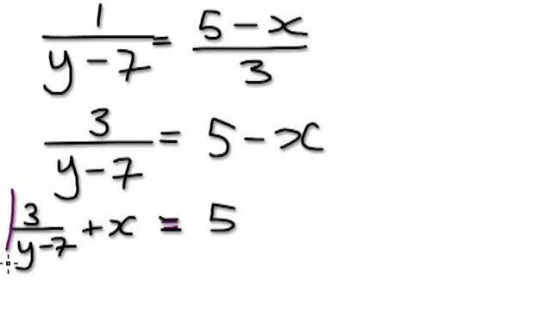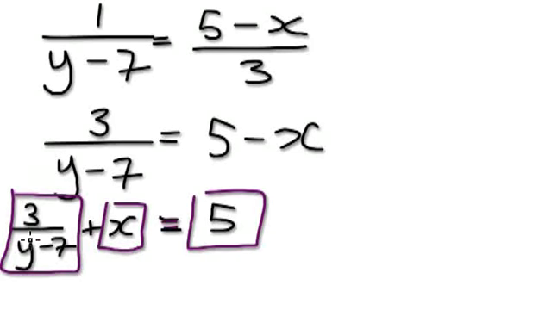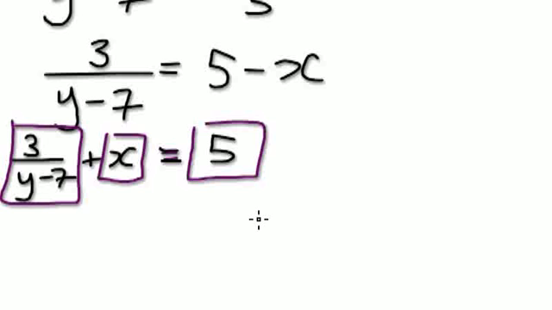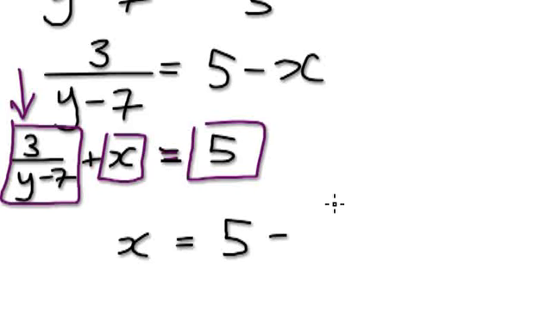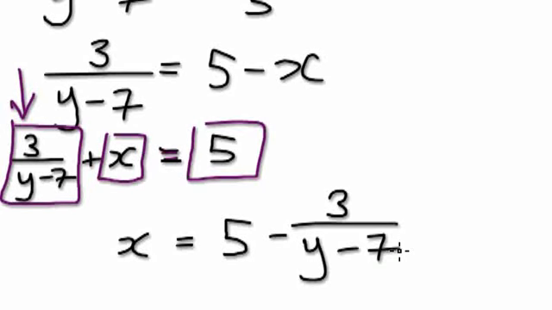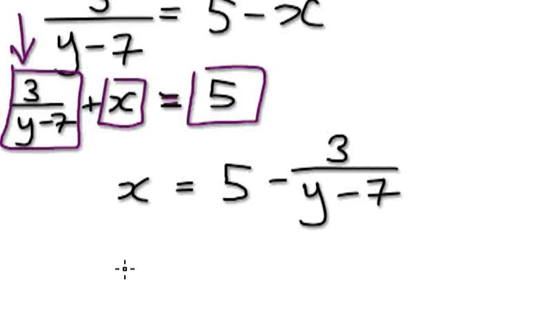And now you've got this block equals this block. This block plus x equals 5. So now take away this block from both sides. So x equals 5 take away 3 over y minus 7. So we've actually reversed the whole thing.